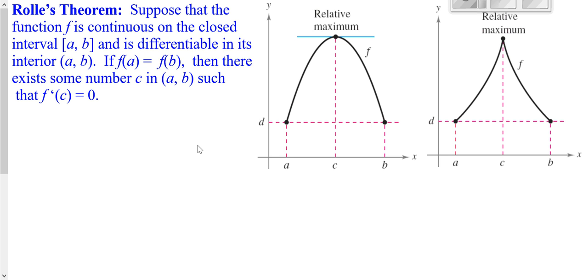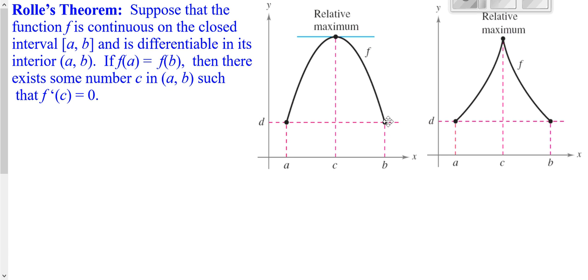So that's what it's saying. That's the main difference. It still has to be continuous on a closed interval, differentiable on an open interval, but you have one additional thing where your two endpoints, when you plug in A and plug in B, you get the same output. Then there's some number in between where your slope is equal to your derivative. Remember, if you start out here and go straight over here, you're not going up, you're not going down.